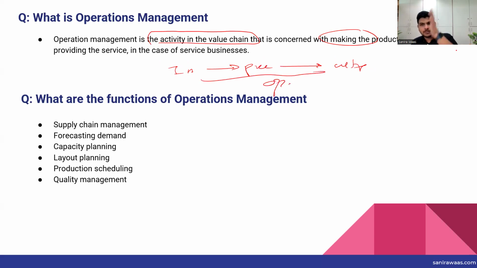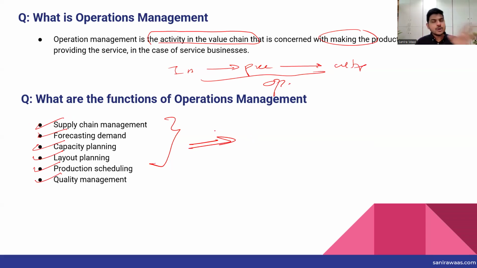From input to process to output, this entire process is called operations management. That's why the functions of operations management are as follows. You first have supply chain management. You have a focus on demand, capacity planning, layout planning, production scheduling, and quality management. All these things will be discussed in the next slides. These are the functions of operations management.